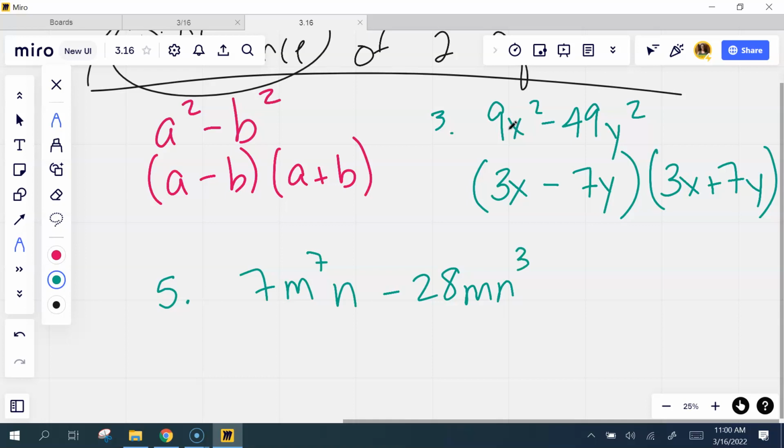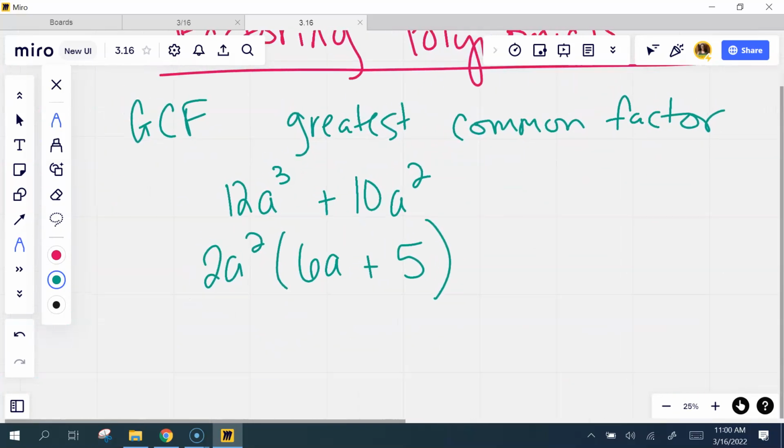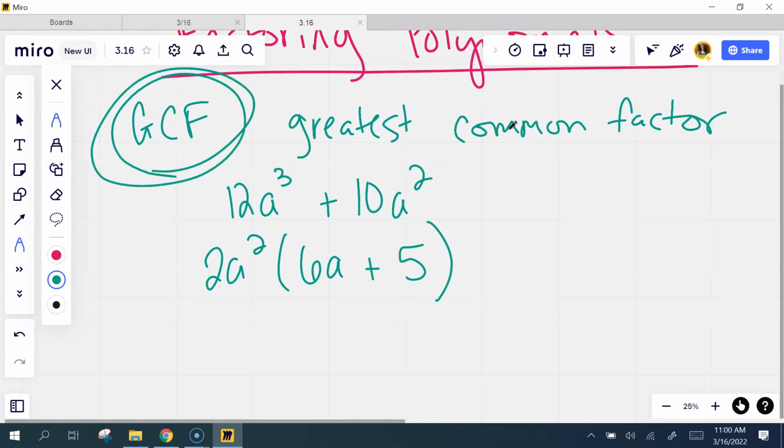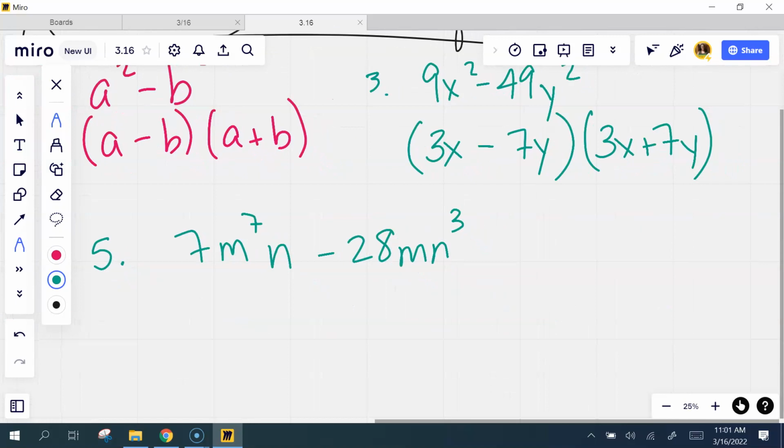What in the world do I do? We got to find the GCF. That's always my first step in factoring. Very good, though. I'm looking for a GCF that I can take out of everything first. That's always my first step.